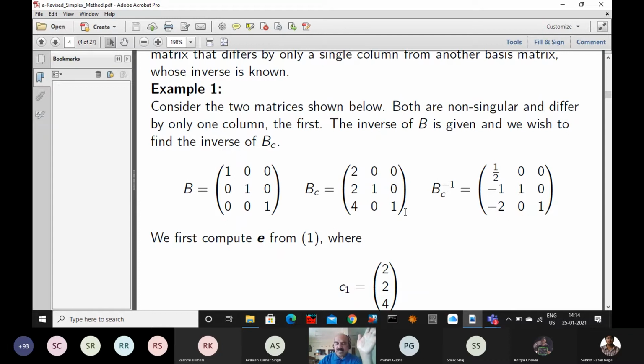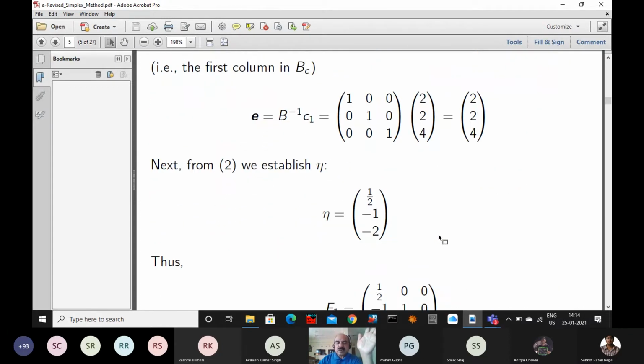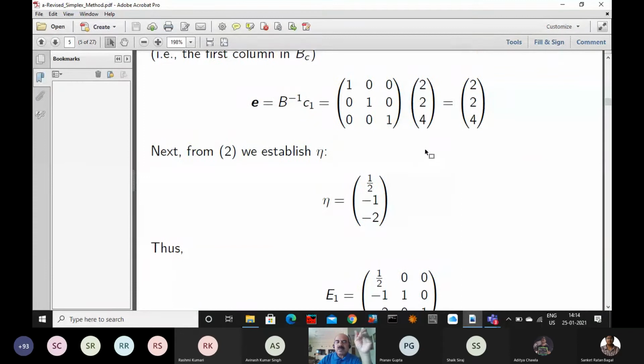From E, we will find eta. This B inverse is nothing but the identity matrix. Then multiplying 2, 2, 4, ultimately you get 2, 2, 4. Same, there is no change.